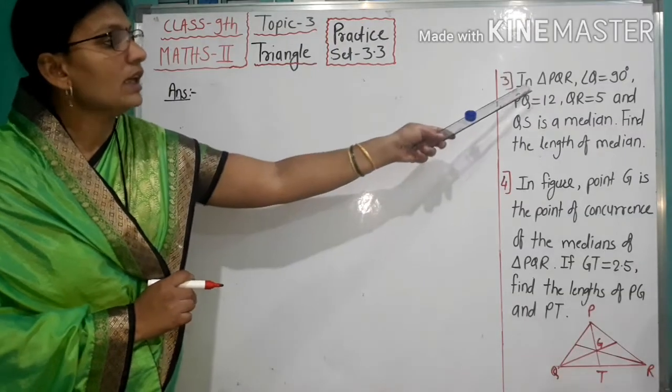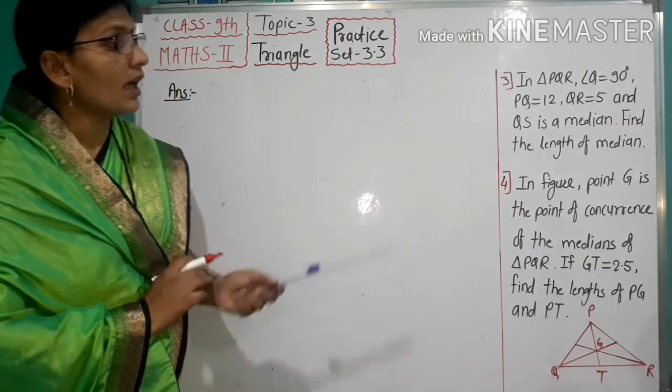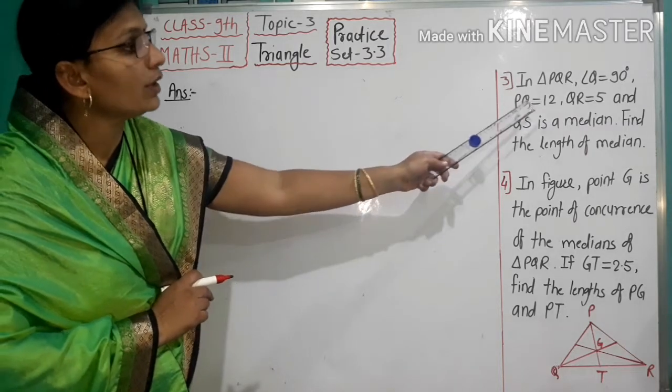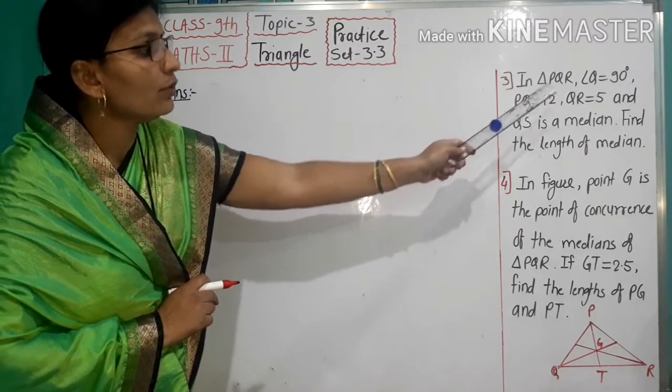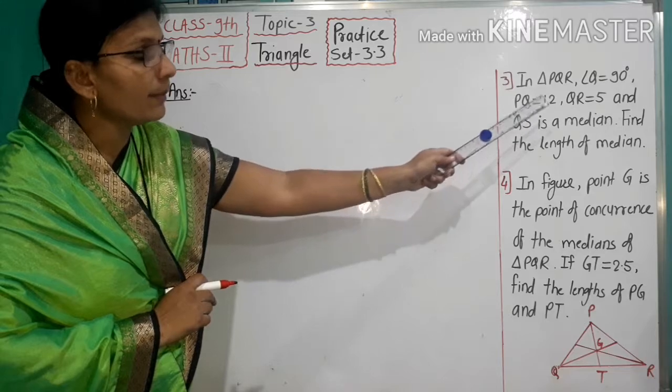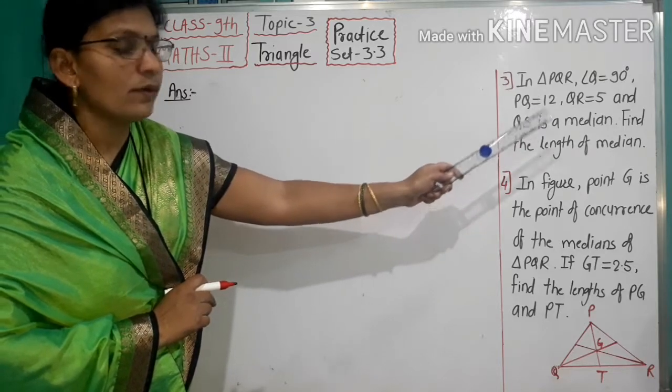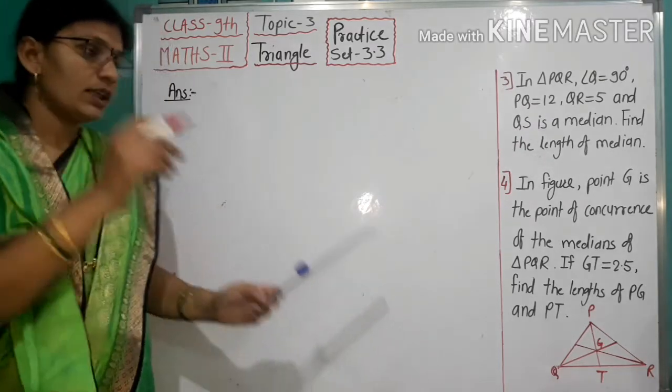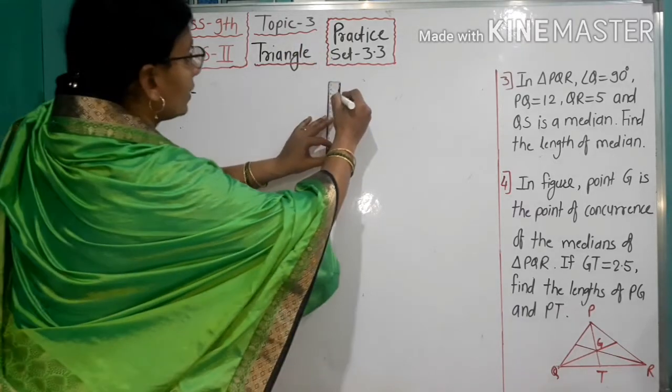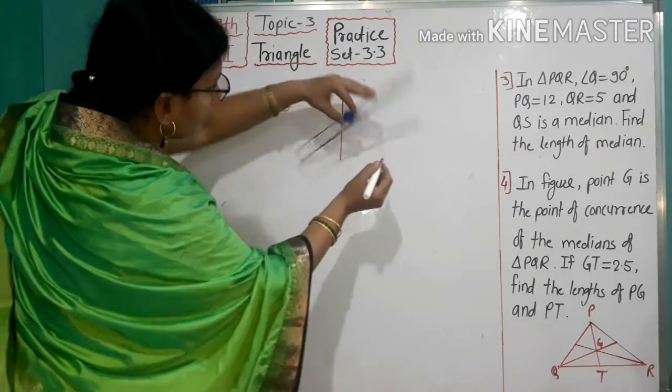Question number 3. In triangle PQR, angle Q is 90 degrees, PQ equals 12, QR equals 5 and QS is a median. Find the length of the median. First, I draw a figure from the information.